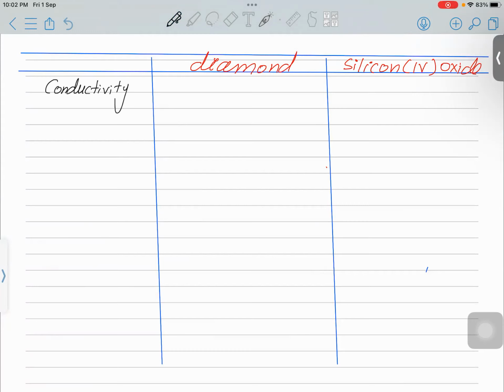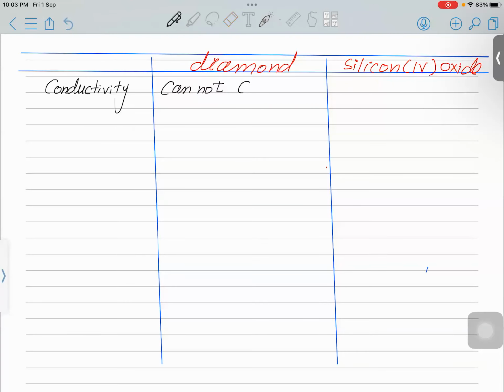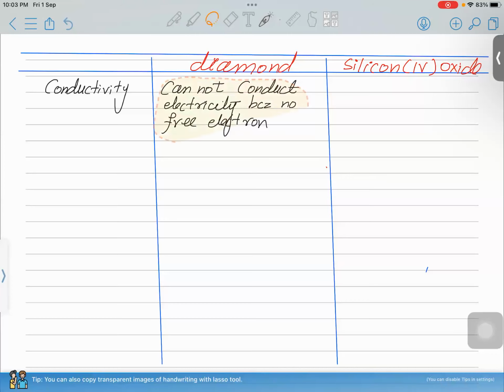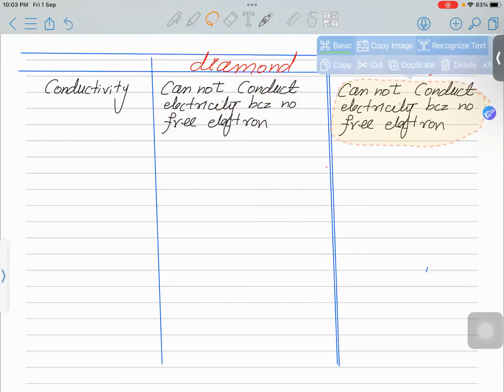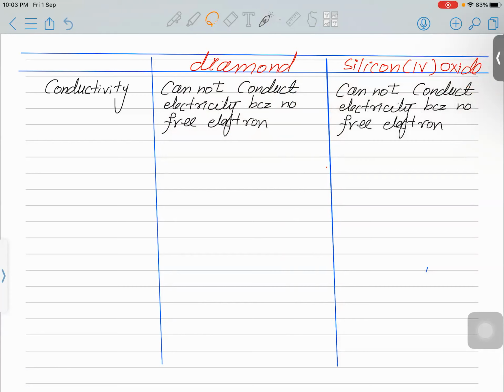Cannot conduct electricity because no free electrons. Same answer for silicon 4 oxide.